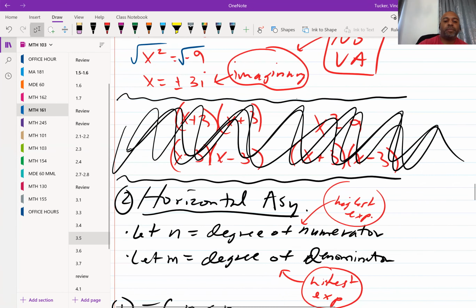All right, so looking at horizontal asymptote, first we're going to let n represent the degree of the numerator, let m represent the degree of the denominator. Don't forget degree means highest exponent. That's what I wrote right here in the red, highest exponent. So the highest exponent in your numerator is the degree of your numerator. Highest exponent in your denominator is the degree of your denominator.